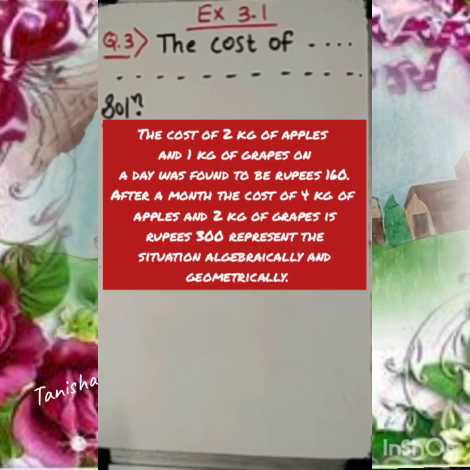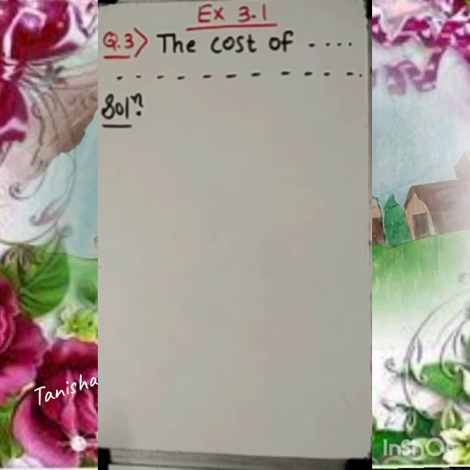So in such a question, first we have to assume: two different things are there, apples and grapes, two different fruits. So in the first statement, let's begin.